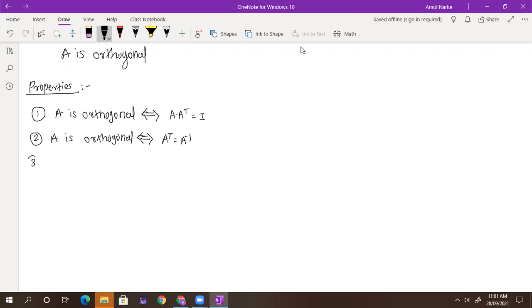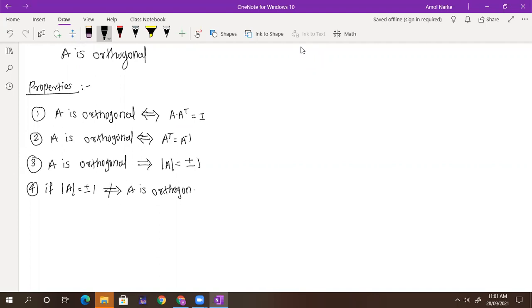Now the third important one, tell me: if A is orthogonal, this implies determinant of A is equal to plus or minus 1. But if determinant of A is equal to plus or minus 1, this does not imply A is orthogonal. It may or may not be; it is not always.